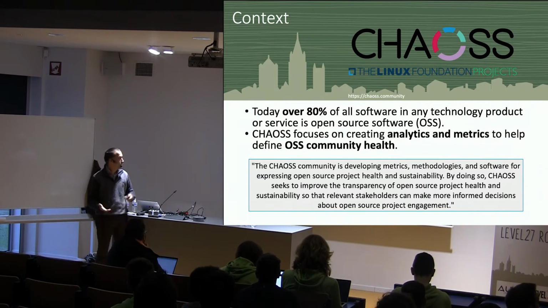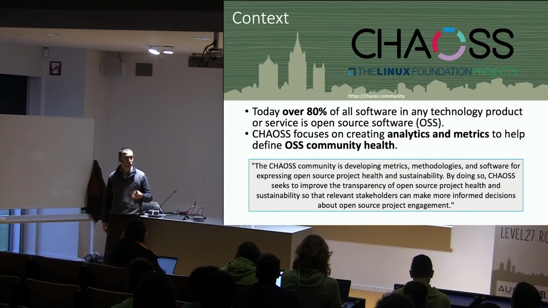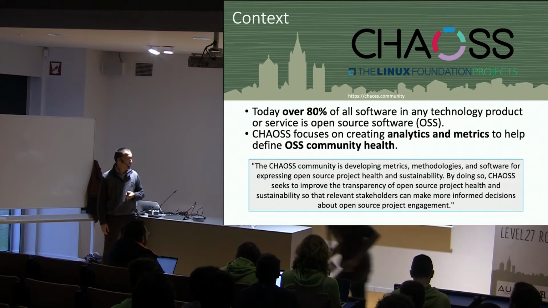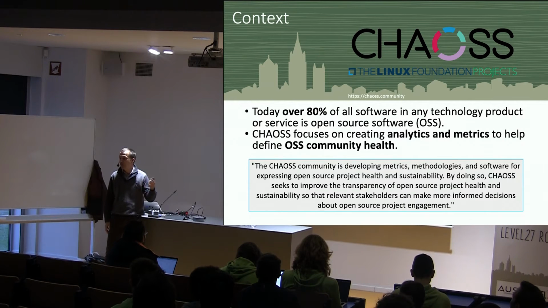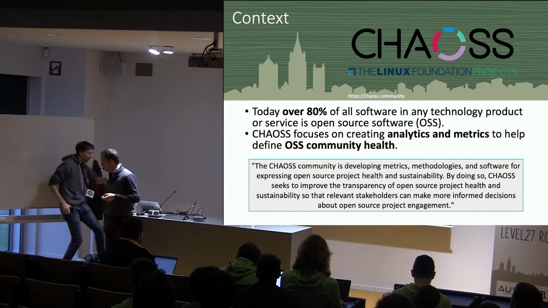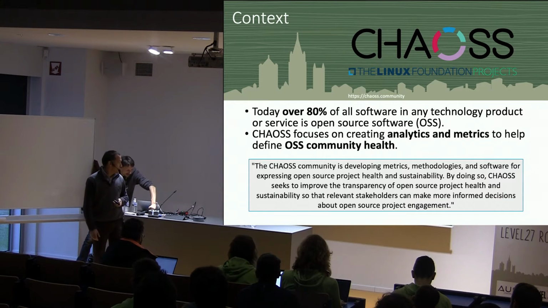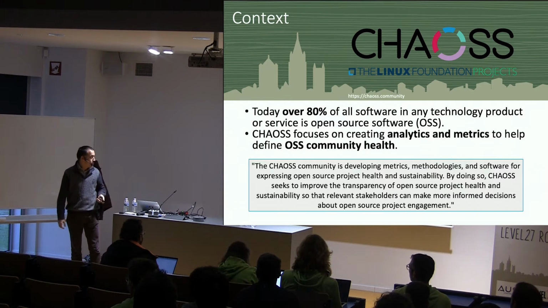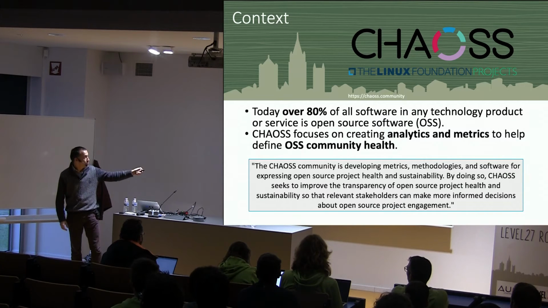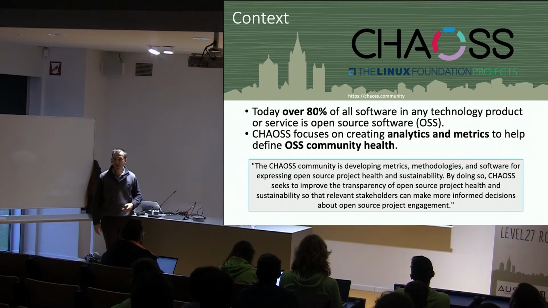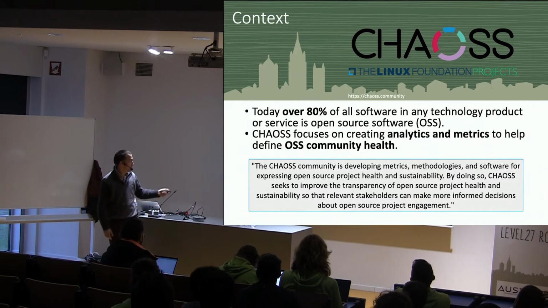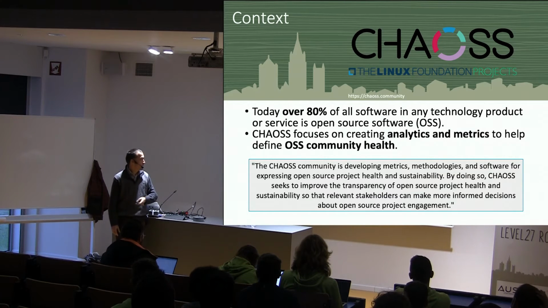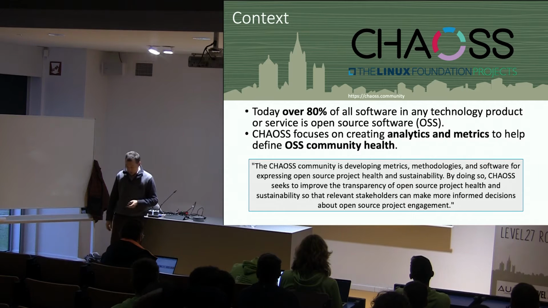To do this, we need ways of measuring health, ways of analyzing health, ways of providing tools that can help you to improve the health, and so on. So if you want to know more about this community, there's this website chaoss.community where you can find more information and all the different partners that are involved. So it's supported by the Linux Foundation that I already mentioned.